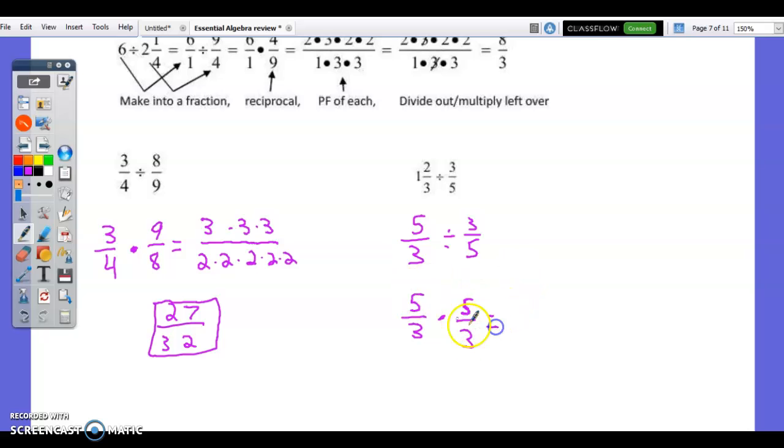Now, if you're noticing that these are both prime numbers and we're not going to divide anything out, you can go right to your final answer. 5 times 5 is 25 over 3 times 3, which is 9. We cannot reduce that because our prime factorization is basically already broken down there, and that would be the end of the problem. So I would say if you're going to do it this way, that's fine. Just have your calculator handy and reduce the fraction if you need to.